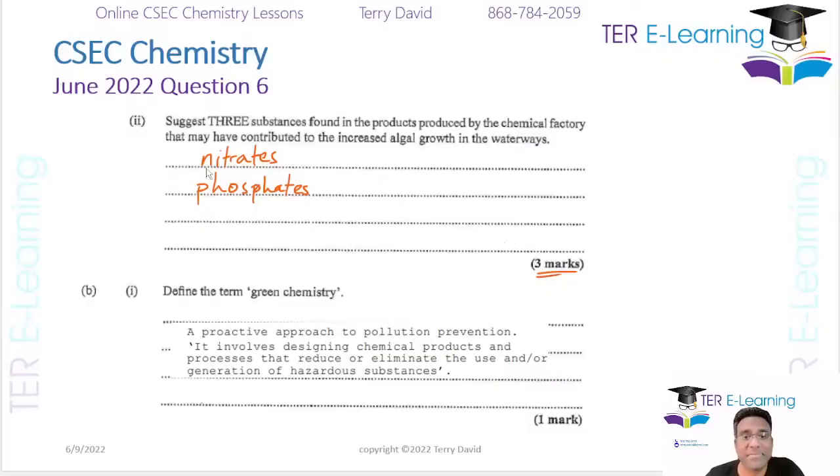I know these 2 for sure, nitrates and phosphates. Are we talking about increased algal growth? So we're talking about things that can be used as fertilizers, right? So detergents that contain phosphates, nitrates. I don't know what else they wanted.